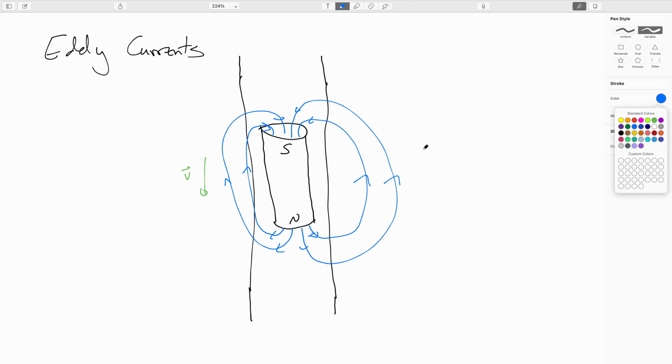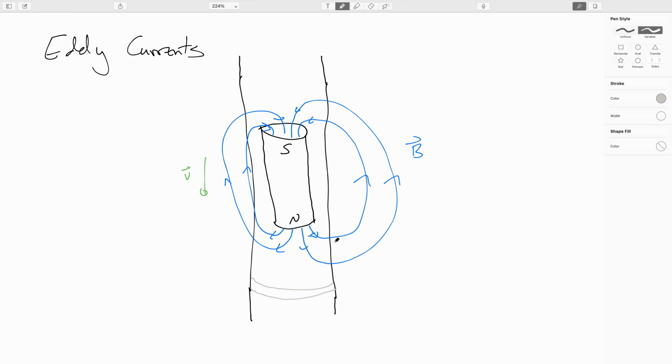Alrighty. So if I look at a little bit of washer or copper ring underneath here, I'm imagining sectioning this copper pipe into a whole bunch of rings. Let's look at this ring right here.